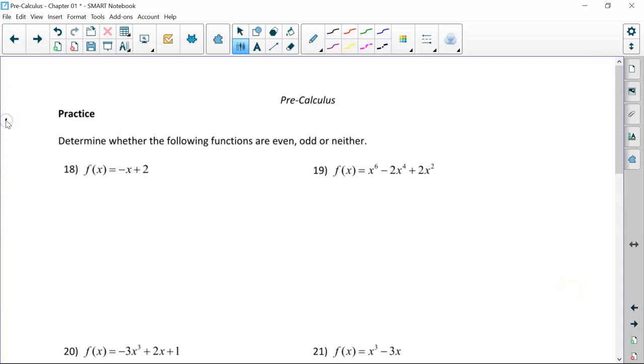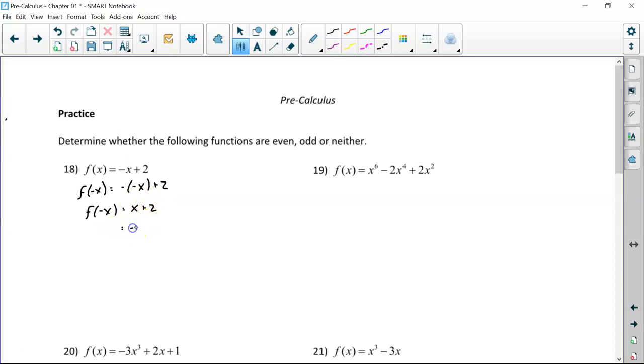So we're going to substitute negative x and we're going to determine if it's even, odd, or neither. They don't have to be even or odd. So f of negative x equals the opposite of negative x plus 2. So f of negative x equals x plus 2. That's not equal to our original function.